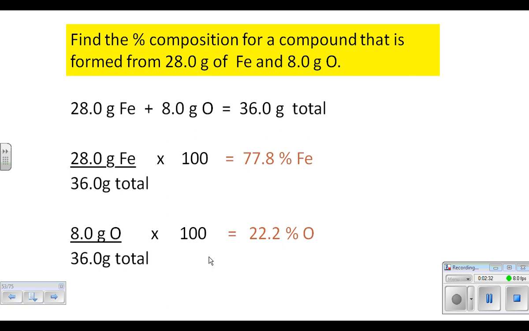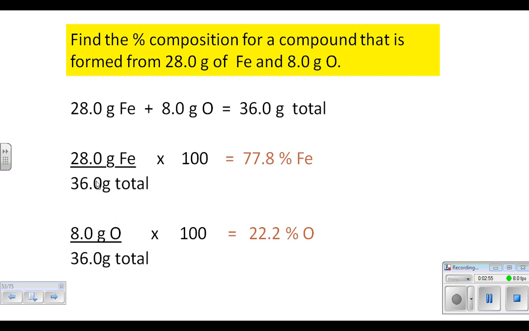Now, to double check these, a lot of people are always like, well, we could have found the oxygen just by doing 100 minus 77.8. Well, you could, but that only works if there's just 2 elements. And if by chance you mess this one up, then that's going to cause you to mess this one up too.